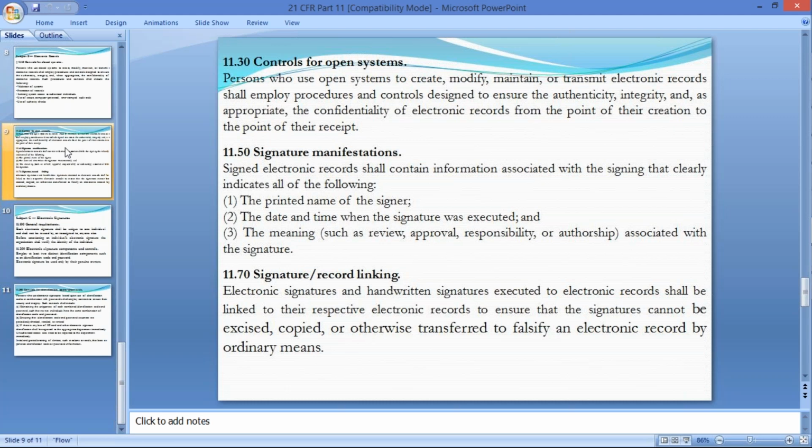These are all the reasons about the signature.